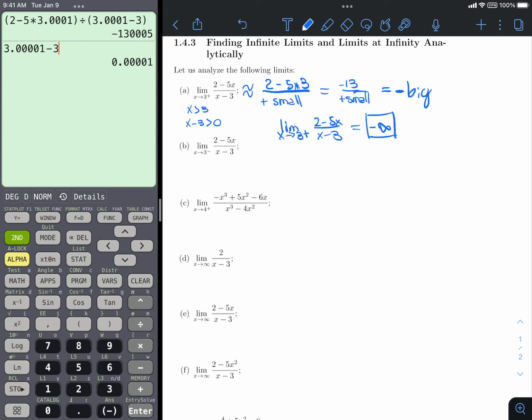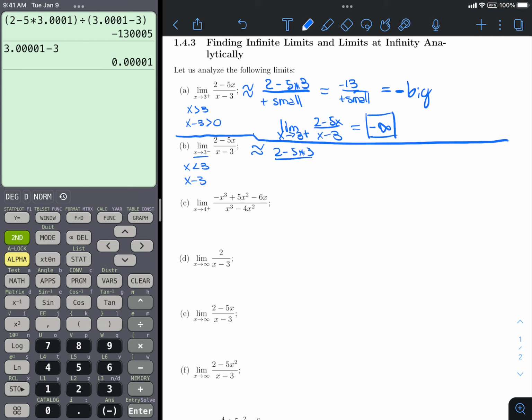Now, if I apply the same reasoning to b, let's work on b before plugging things into the calculator. Now this will be approximately 2 minus 5 times 3 over, and now I have x minus 3. So I'll do 2 minus 5 times 3 divided by, so note that now x is less than 3 because x is approaching 3 from the left.